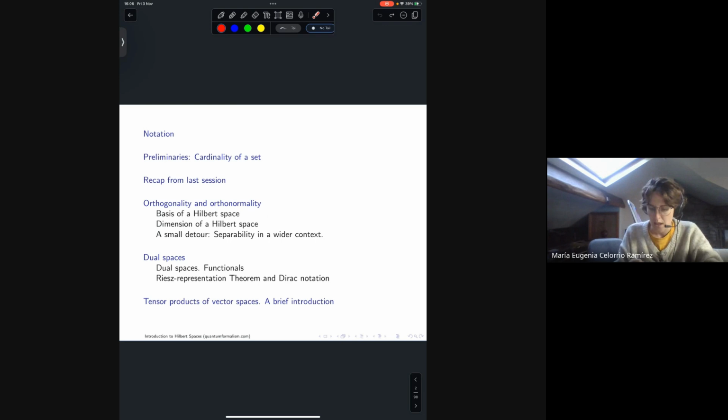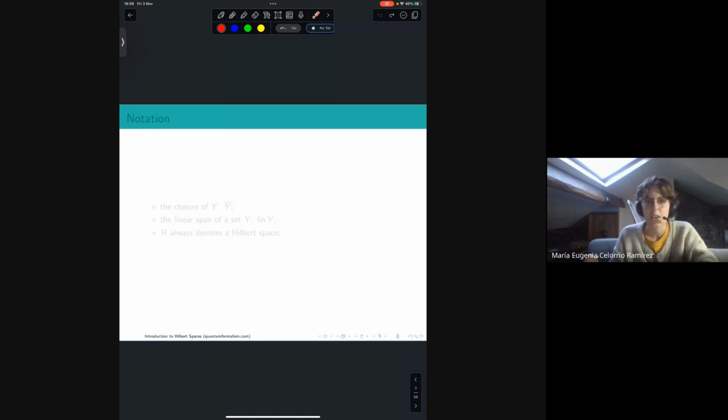The Riesz representation theorem explains it, so it's good to know that. And then if we have time, which I'm not completely sure, we will go over what tensor products of vector spaces are. We're not going to get any deeper than that. Not today. So, cool. Without any more delay, I'm going to start.